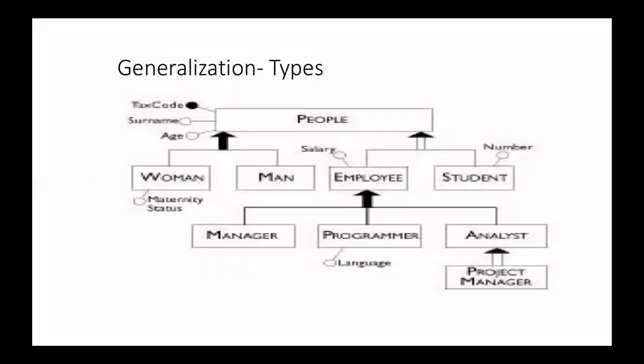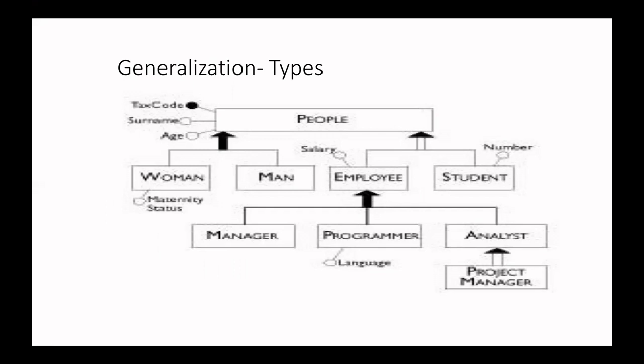Generalization type. Here is a graphic which presents a generalization type. It starts from project manager. Project manager is an analyst. An analyst may be an employee. An employee is a person. Here we can classify generalization types.